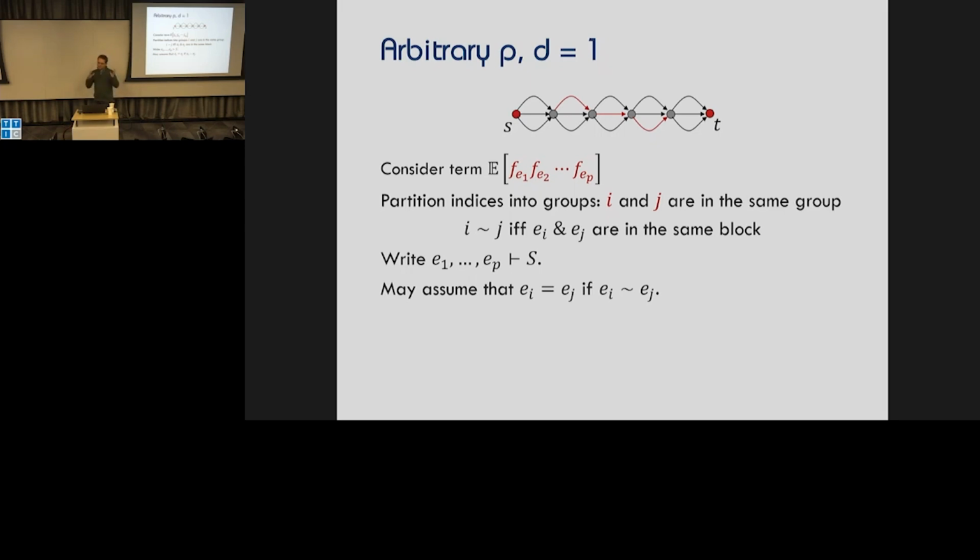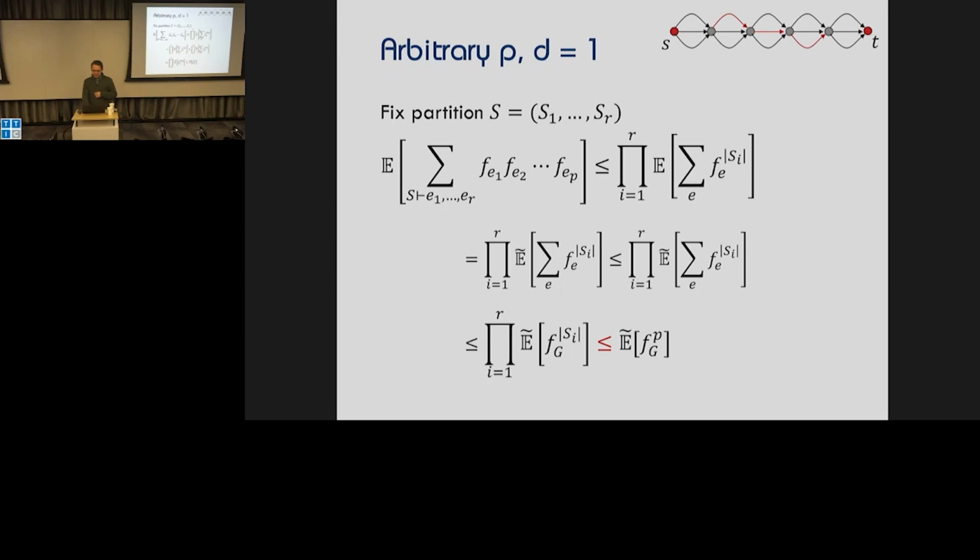So we consider the partition of edges e_i into those that are equal and those that are not. And it turns out that for every partition, we can prove that the expectation of this sum is upper bounded by the SOS objective.